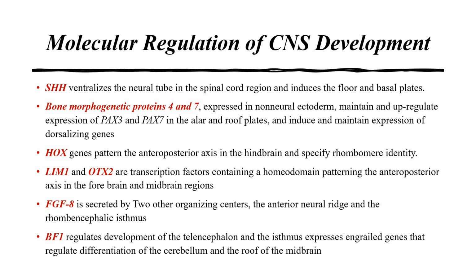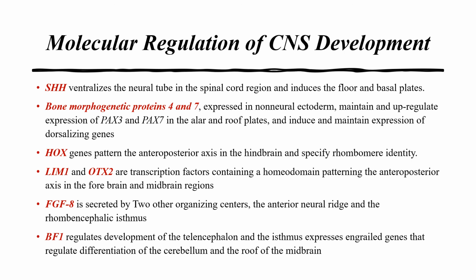You also have the Hox genes that pattern the antero-posterior axis in the hindbrain and specify the rhombomere identity. You also have LIM1 and OTX2, which are transcription factors containing a homeodomain, patterning the antero-posterior axis in the forebrain and midbrain regions.